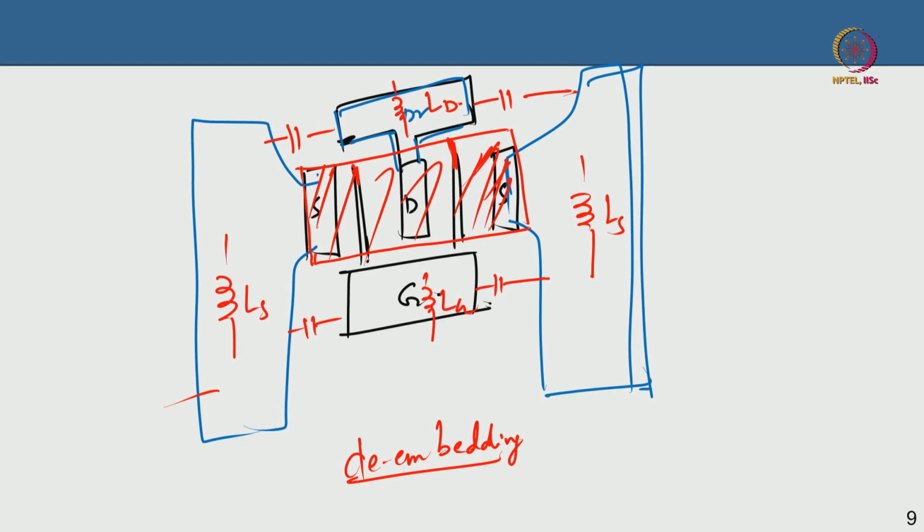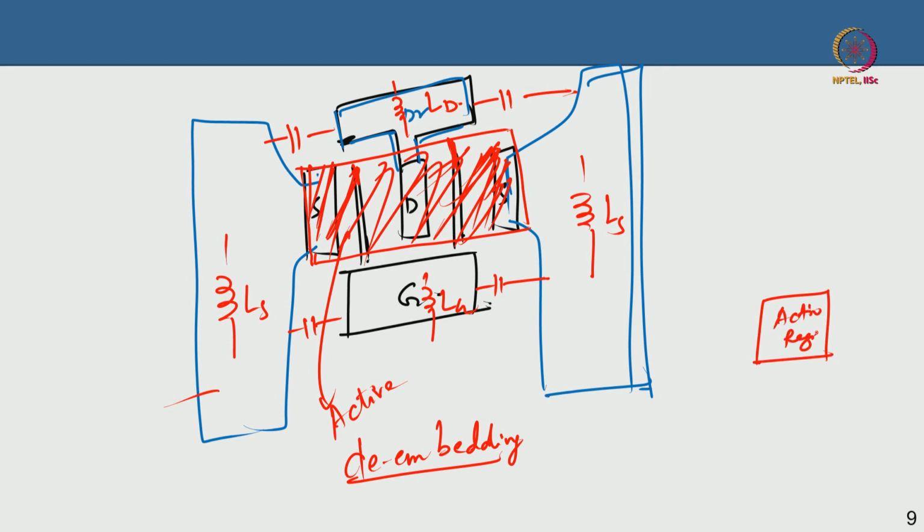For this particular device that I showed you, the red colored shaded part here is the active region. Now you have these pad inductances in series, and I am modeling everything together like that, and then the pad capacitances are in parallel.